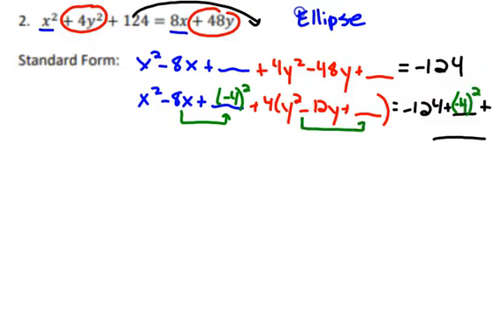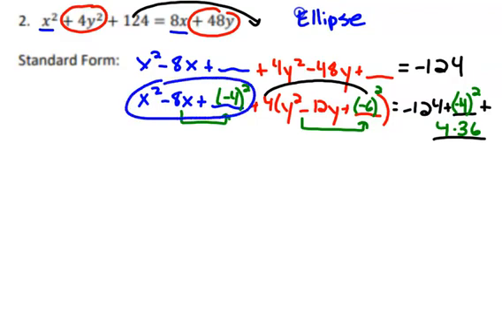Here we half it. We square it. And that becomes 36, right? So that's 36. In this case, don't forget, because we have a 4 in front, that is really 4 times 36. So now I'm going to simplify all this.